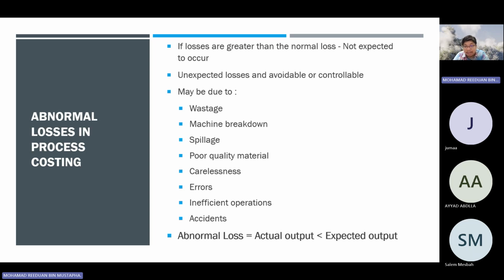So be very careful, because if an abnormal loss happens in the process, like in the petrochemical industry, something goes wrong and it will be dangerous to everybody because of the effect of the chemical itself. So abnormal loss is when the actual output is less than the expected output.